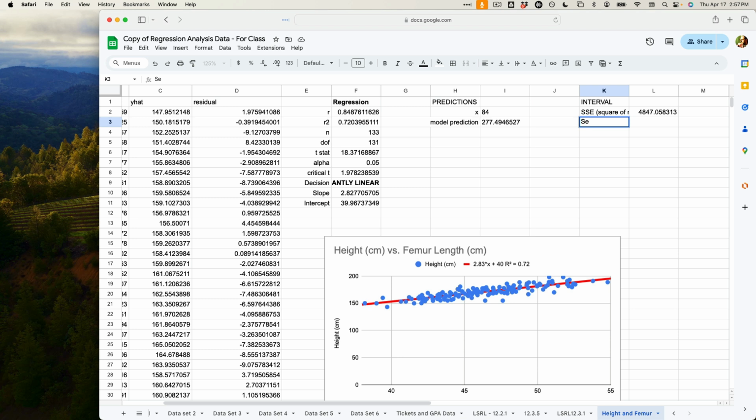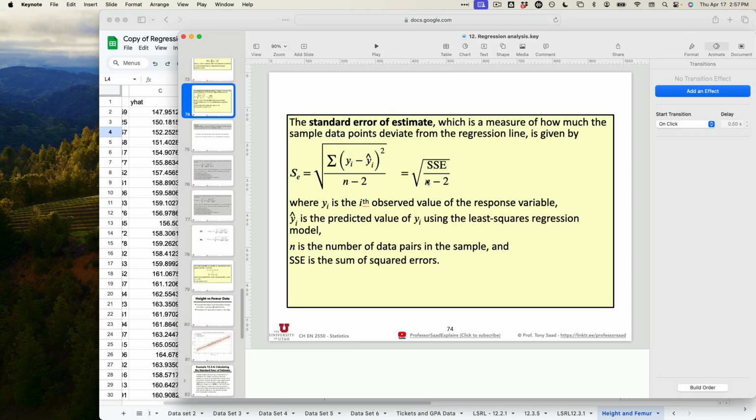SE is equal to the square root of the sum of the square of the errors over the degrees of freedom, DOF. That gives me 6.08. Very good. Let's go back now to the slides.